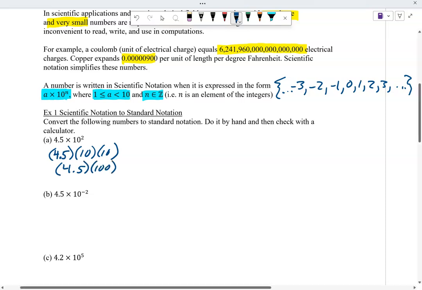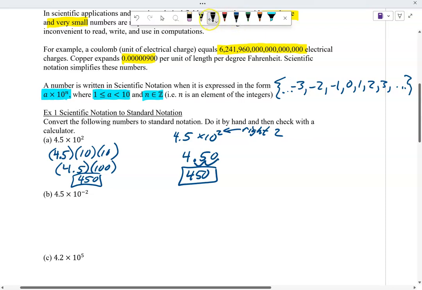If you take 4.5 times 100, it'll move that decimal to the right 2. One way you can remember this is you're going to move it right 2. So this decimal moves right 1, 2: 450. But again, make sure you understand what it means.